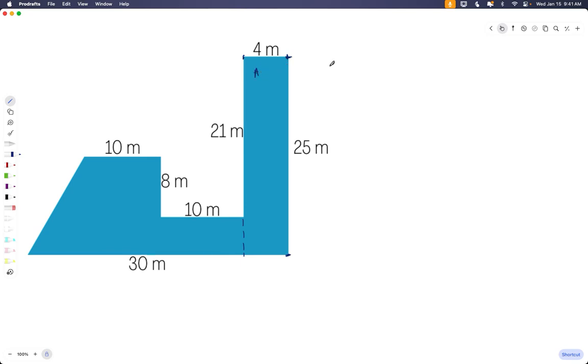We'll call this A. A is a rectangle, and it is going to be 4 meters by 25 meters. And for me, one of the things that helps, and it might help you, is to outline the shape. When you figure out what the shape is, outline it so that you can see that shape.